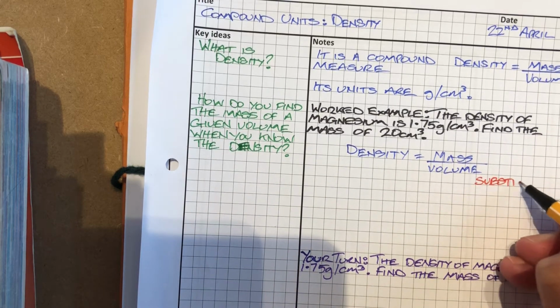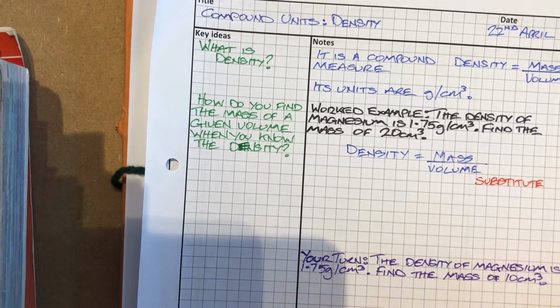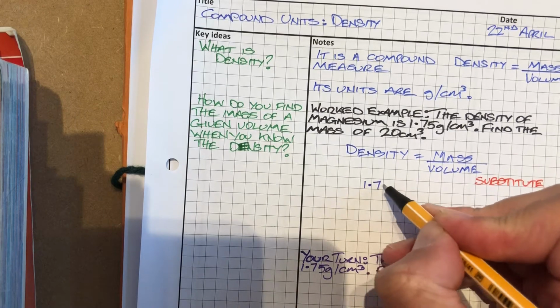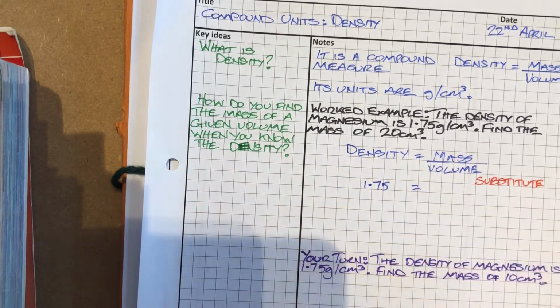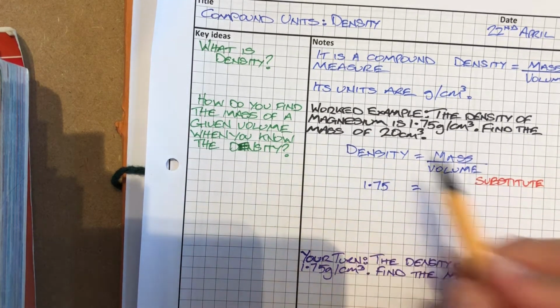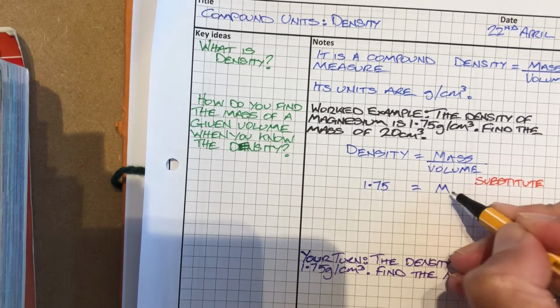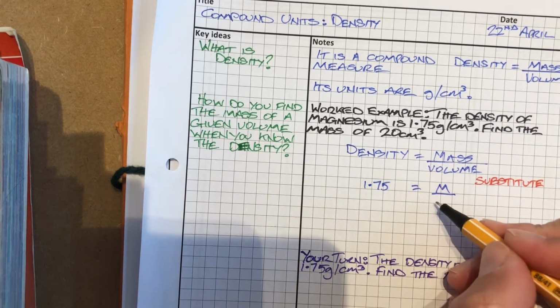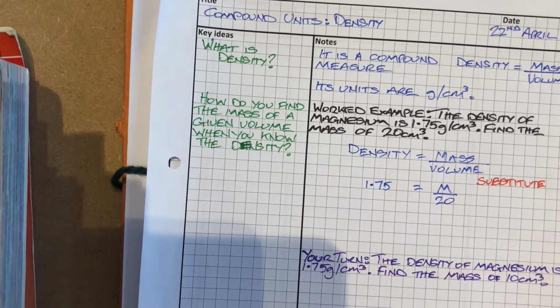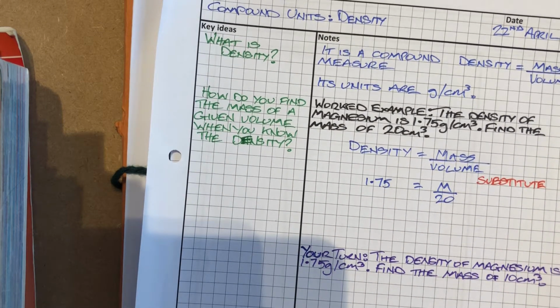Substitute in, see what you've got. So I know that the density is 1.75. I don't know the mass. I do know the volume is 20. So this is a similar question to the last set.